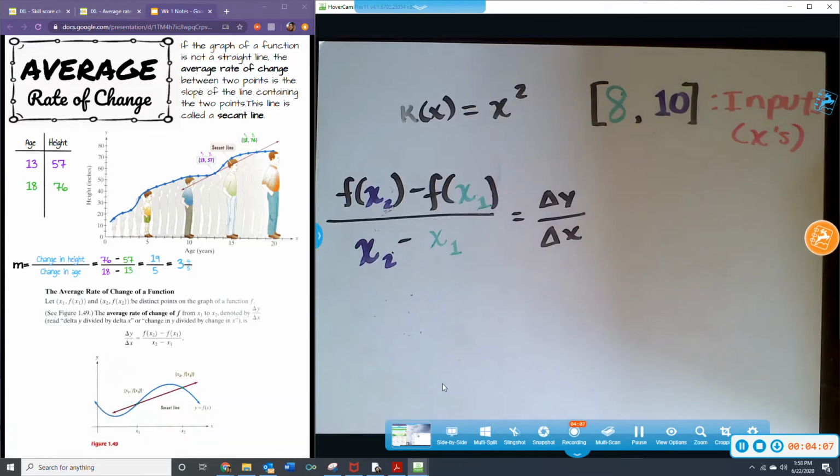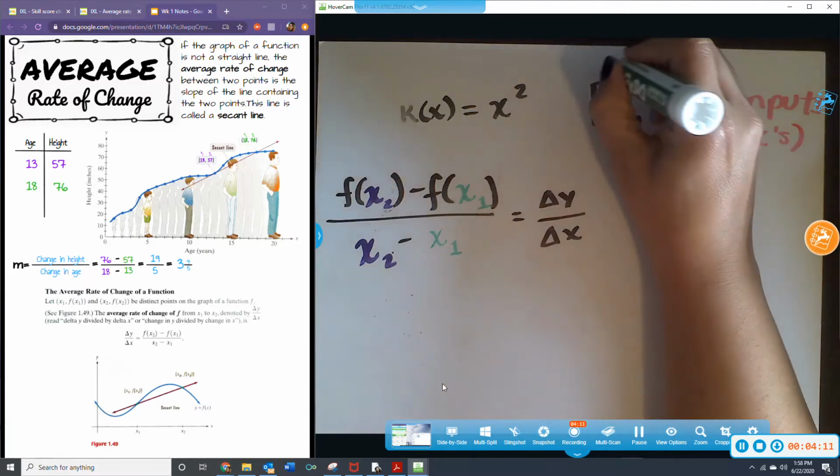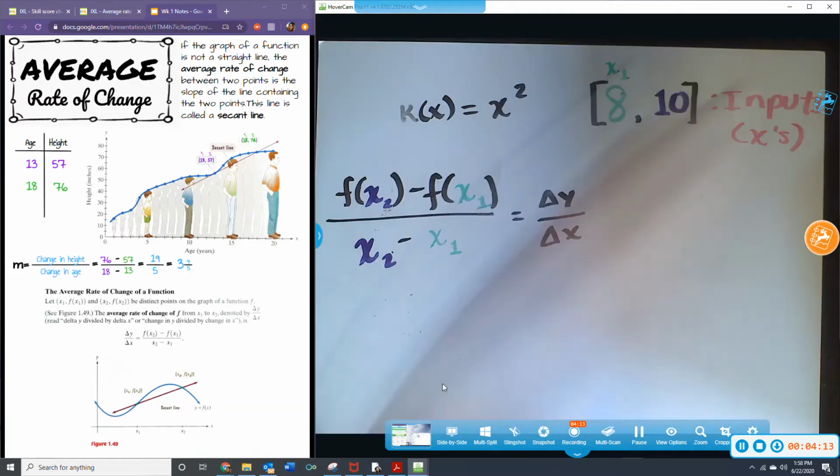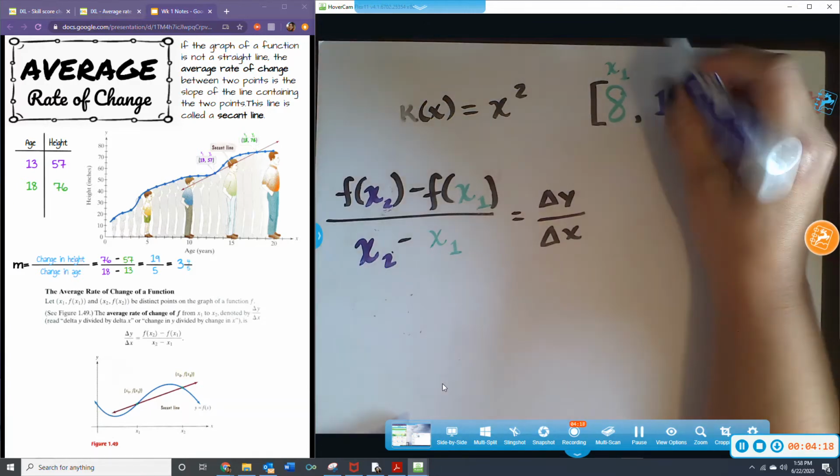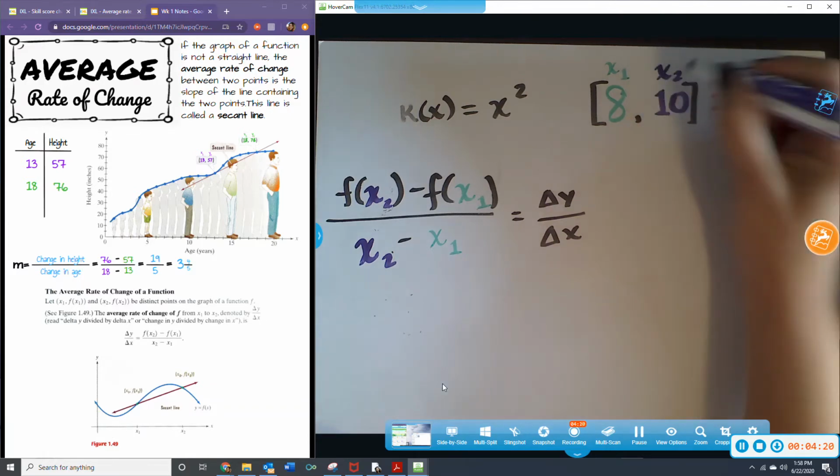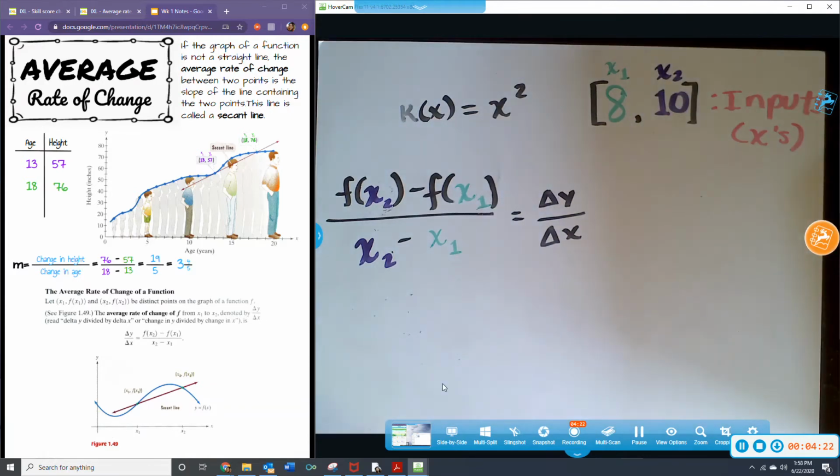So I have here my x sub 1, because that's the first input, and my x sub 2. There will be a lot of color, so please, I am not aware of anyone being colorblind. If you are, let me know and I will avoid red and green. If I don't know, I love using those colors. So please do let me know.